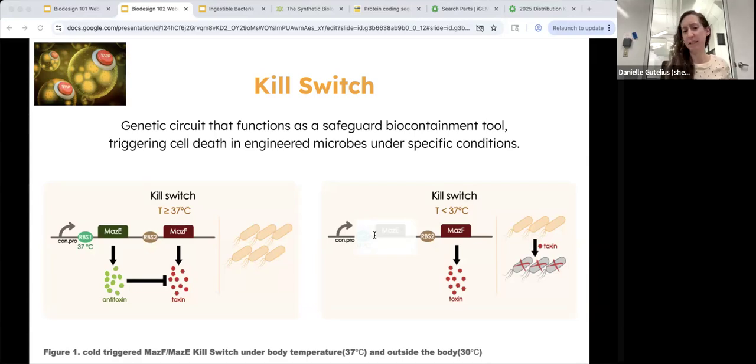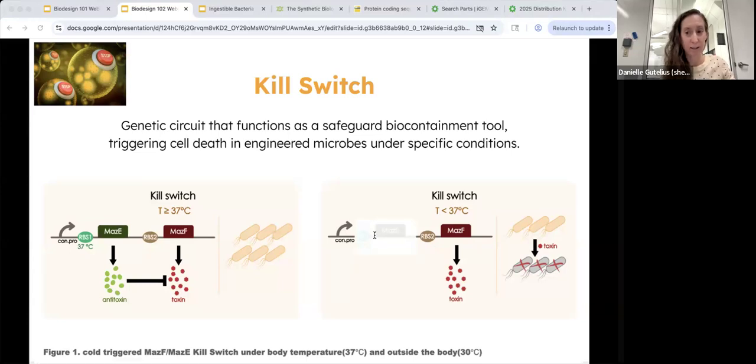You wouldn't necessarily need a kill switch for something like a biosensor, like if you're using a test strip type thing. This would be more if you're injecting it or ingesting it, right? The example here is shown from a 2020 iGEM team. They incorporated a toxin antitoxin circuit that was under a constitutive promoter.